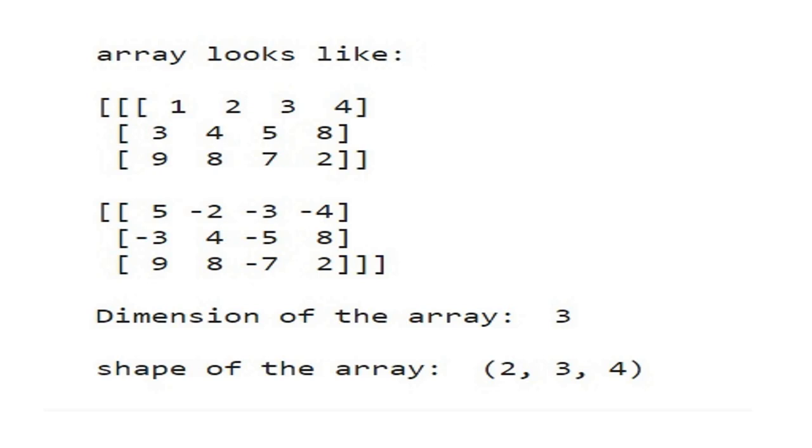So that means this is an array of dimension 3, and the shape of the array is represented as 2 frames, that is 2, and 3 by 4. Each inside is 3 by 4: 3 rows and 4 columns.